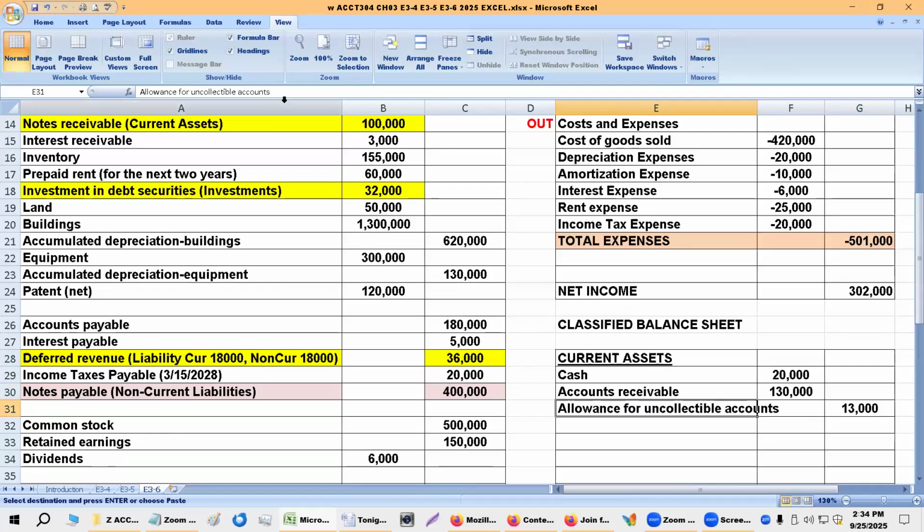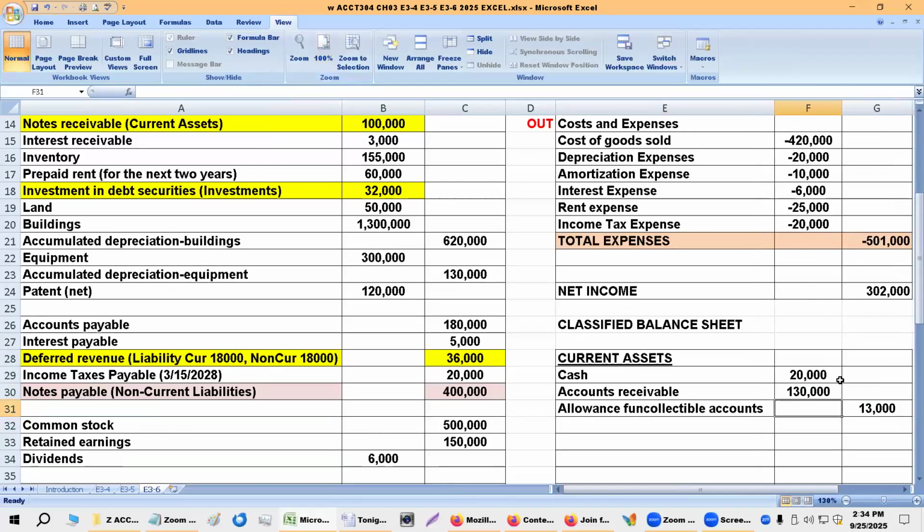All right, allowance for uncollectible. So it would be negative 13,000. So this will be our net accounts receivable.